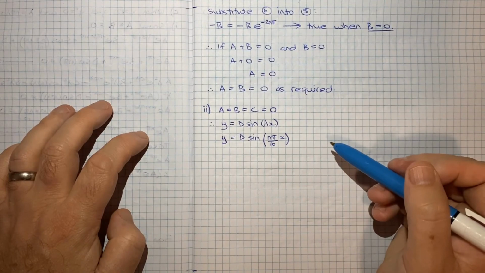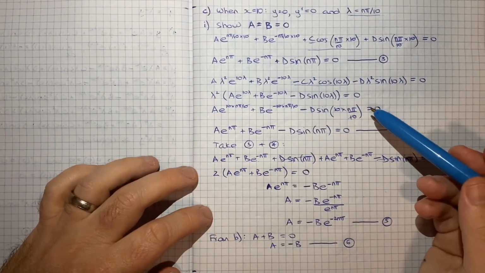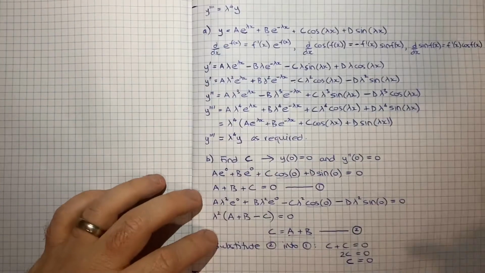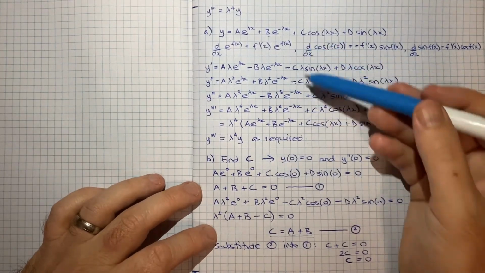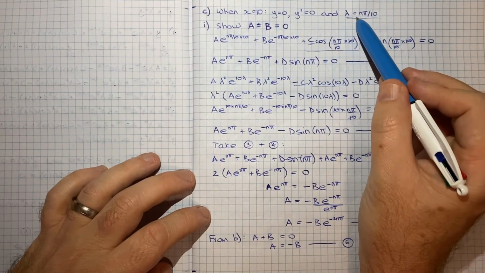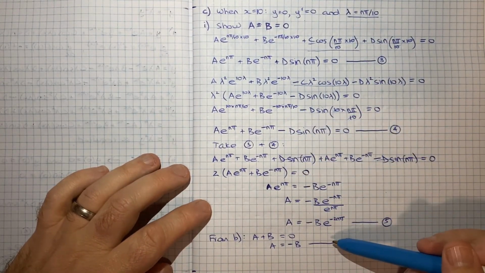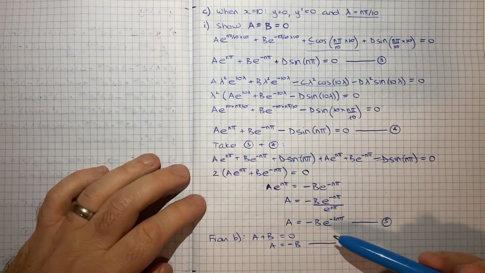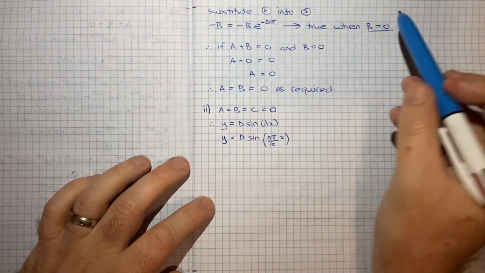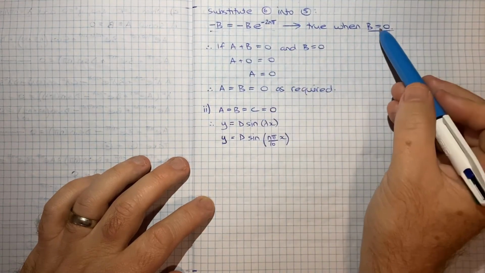So that's how you work through part C. It's really a continuation of the techniques that we used in part B, which is why I think it was helpful to work through all these parts. The only difference is you also needed to throw in the lambda equals n pi on 10, but as we see, we get to a place that allows us to draw the conclusion that we need to. This particular result can hold when b is naught.